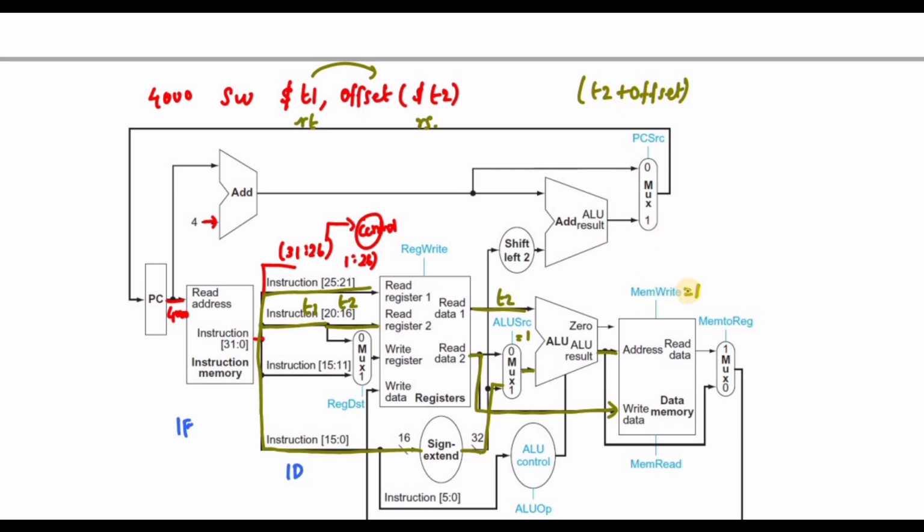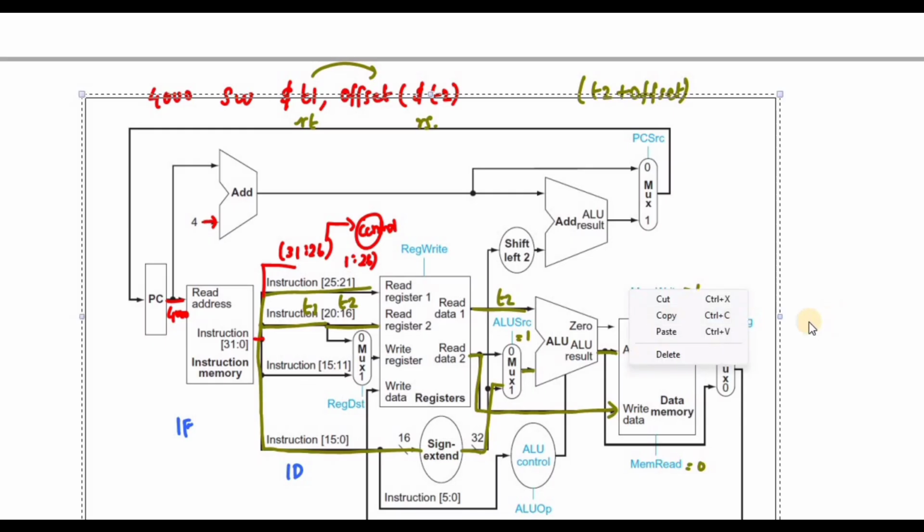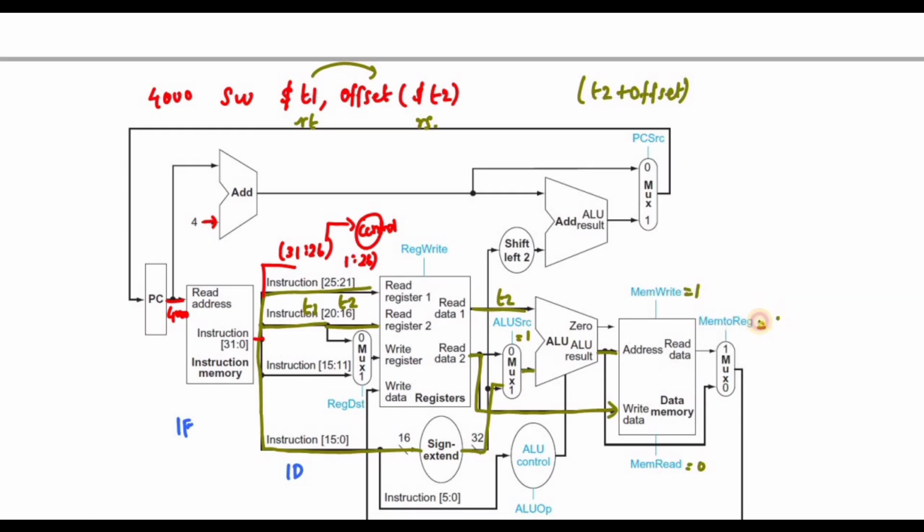So memory write must be equal to 1 and memory read equal to 0. There won't be any write back stage, so this must be don't care. This mux I'm also not going to use, and I don't require register write, so it has to be 0, and I don't want to use the ALU operation either. After that, it goes to the adder.